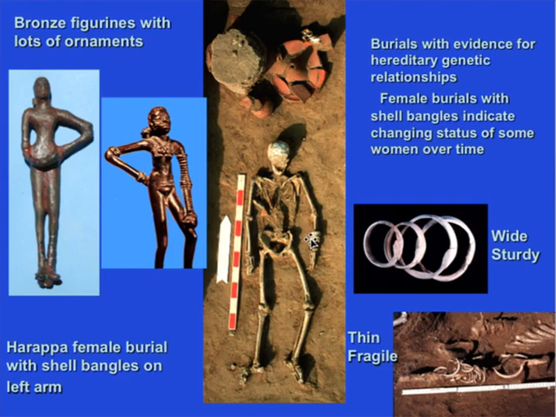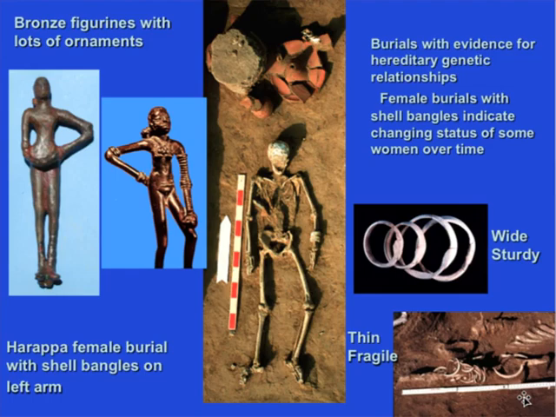I've talked about this in many of my lectures, but it's important to note that the earlier burials have wider bangles, the later burials have thinner bangles, which I argue indicates that the women who were buried in the later period were probably not doing a lot of manual labor, because these thin bangles are too fragile for people to actually do things like chop wood or dig ditches or do heavy manual labor. So these women were probably very elite and were not involved in heavy labor.